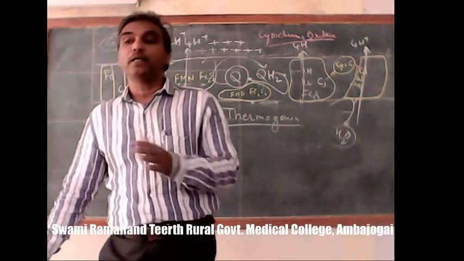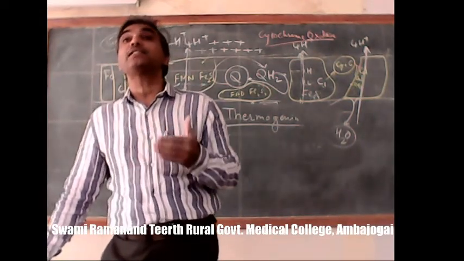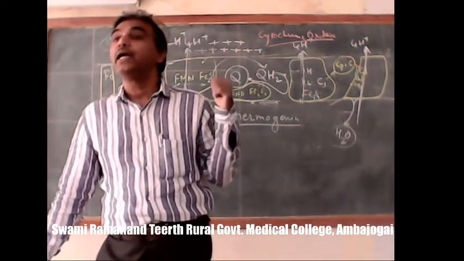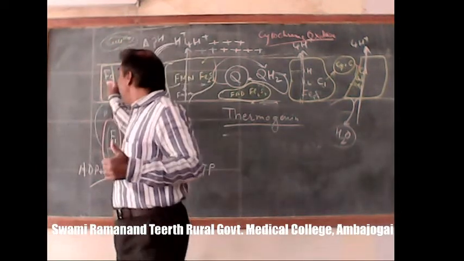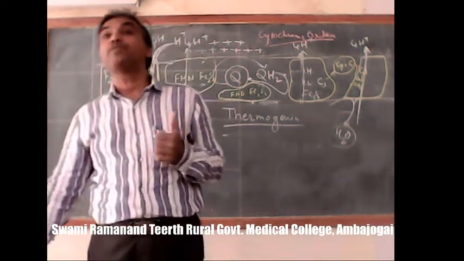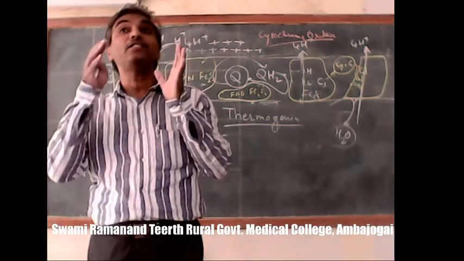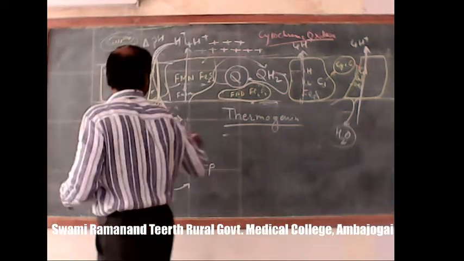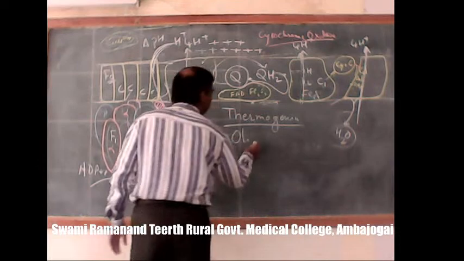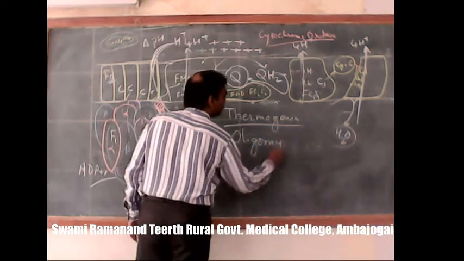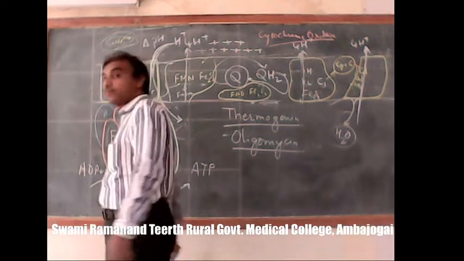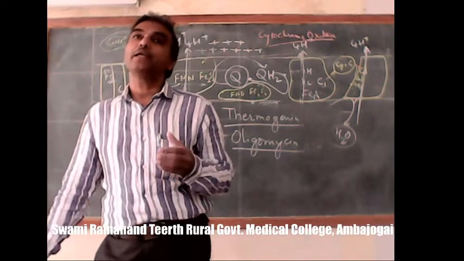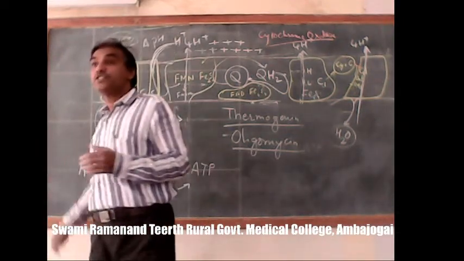Now, apart from uncouplers, physiological or chemical uncouplers, there are certain poisons or chemicals which inhibit the electron transport chain. The name F0 itself indicates that these units are sensitive to oligomycin. So oligomycin inhibits at F0.